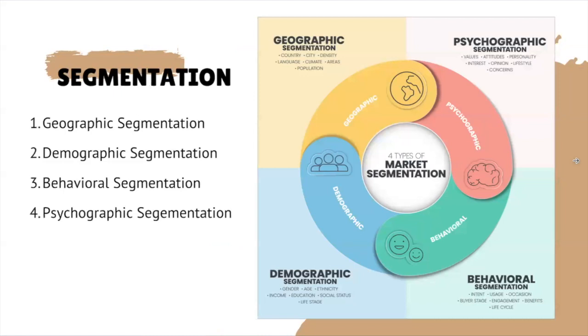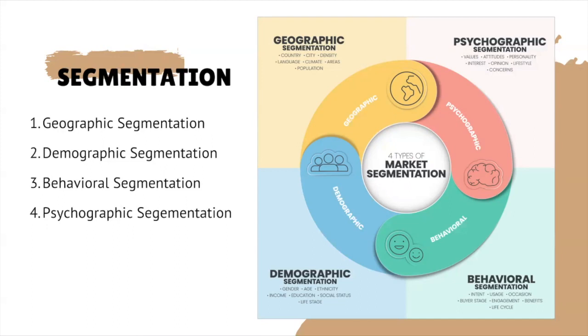So in identifying your target market, there are four different segmentations or factors that you can keep in mind. We'll start off with geographic segmentation. This basically involves considering the location of the target market, right? It's pretty self-explanatory. Where exactly is your target market located?